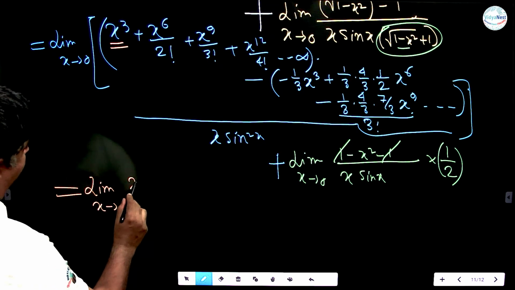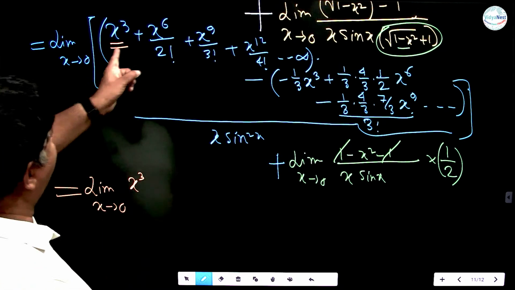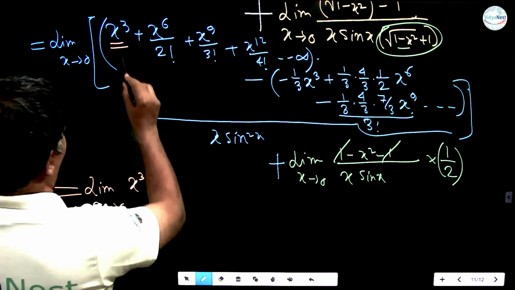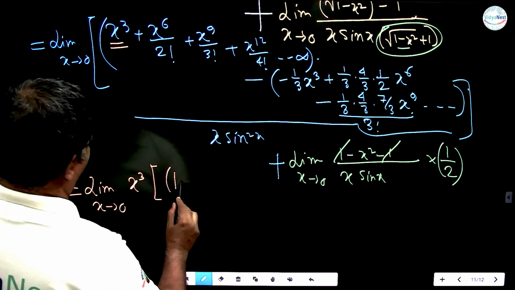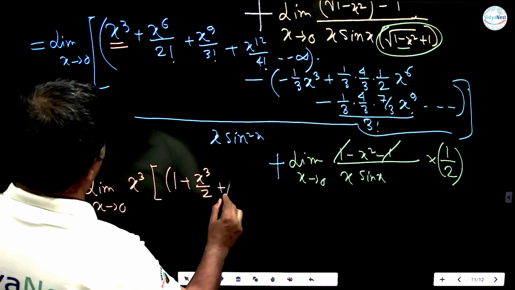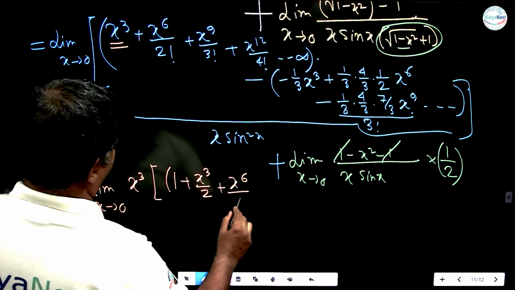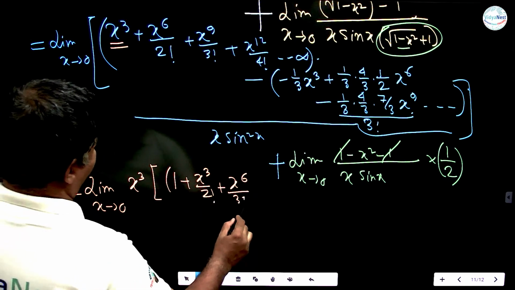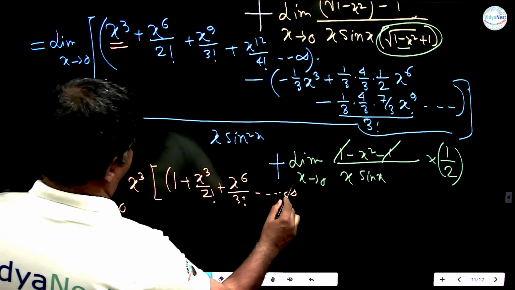So we have taken x cube common. What will be left in the bracket? In first bracket, 1 minus x cube by 2, x to the power 6 by factorial 3 and so on.